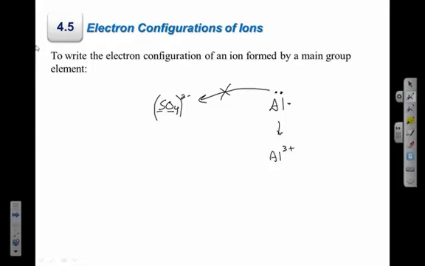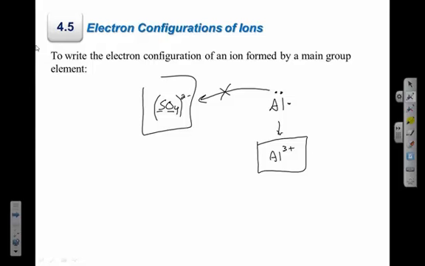So if I'm trying to make a compound that combines these ions and these ions, I have to first figure out what the charges will be on each of the individual ions. And so this combination of sulfur and oxygen has a -2, and the aluminum has a +3.